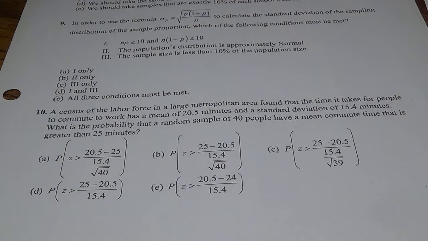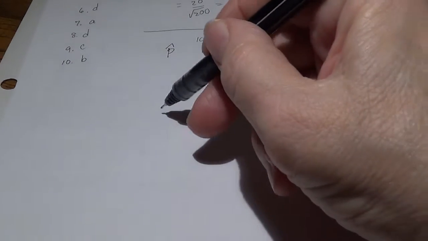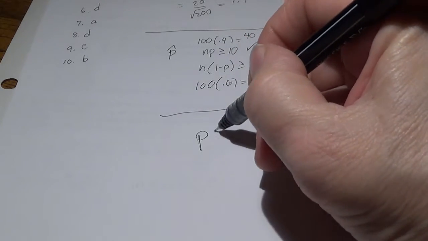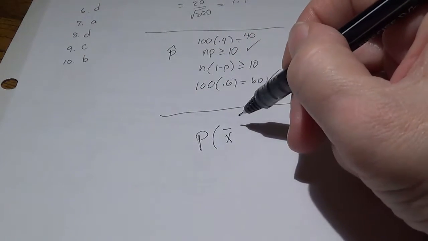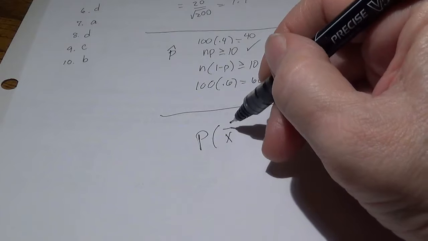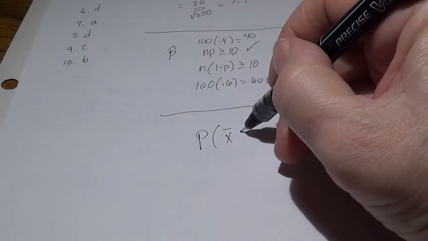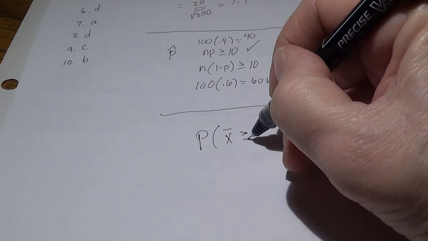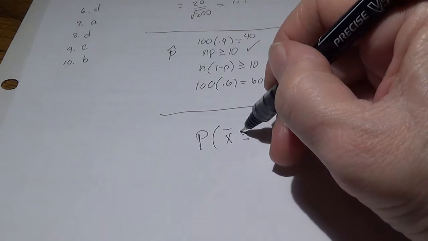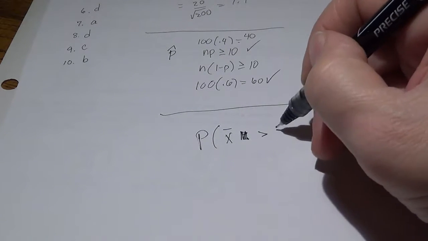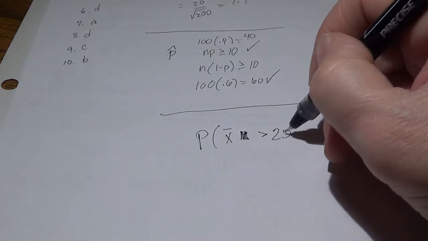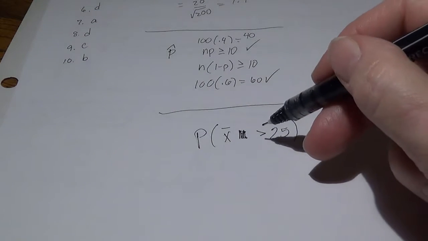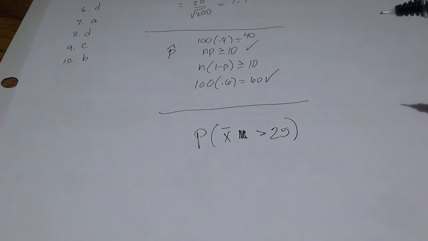So we're thinking of the probability that the x bar, the sample mean, is greater than or equal to, no, it's not greater than or equal to on this one, it says greater than 25, which doesn't really affect the calculation whether it says equal to or not.